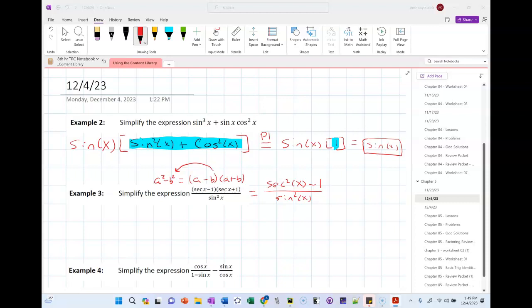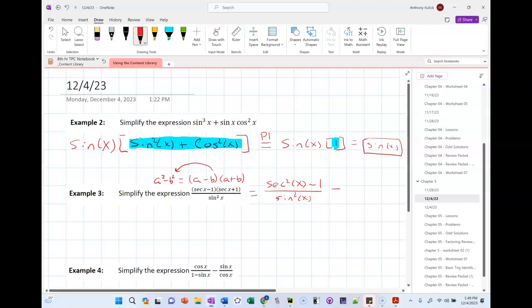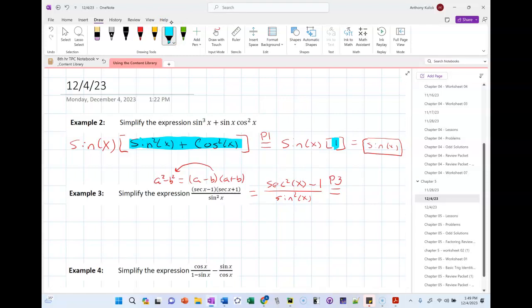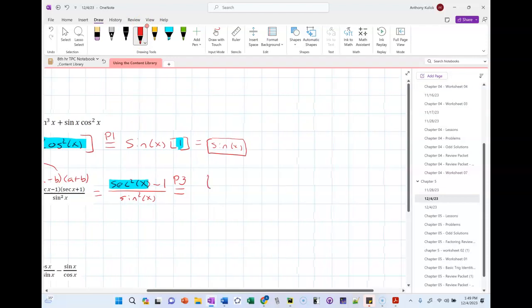I would use P3. What does P3 say? It says secant squared is equal to tangent squared plus 1. So I'm going to replace my secant squared with tangent squared plus 1.